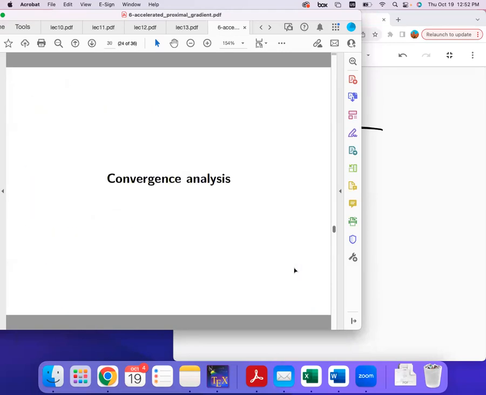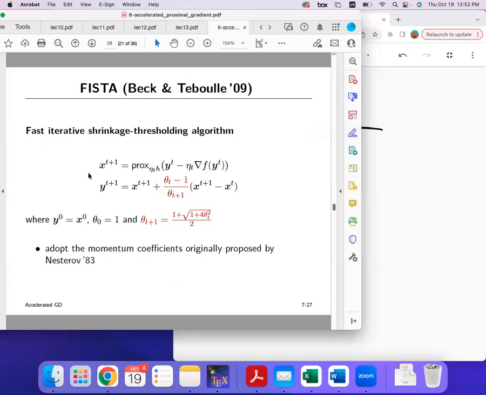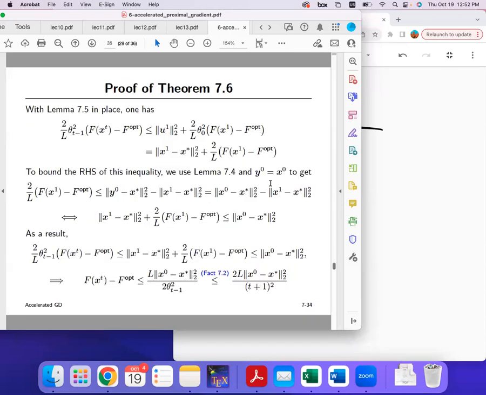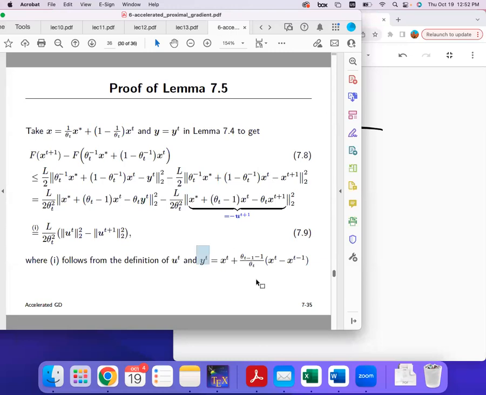This is the algorithm. So the algorithm gives us this equality, and we can plug it in and replace this yt by whatever is on the right hand side.